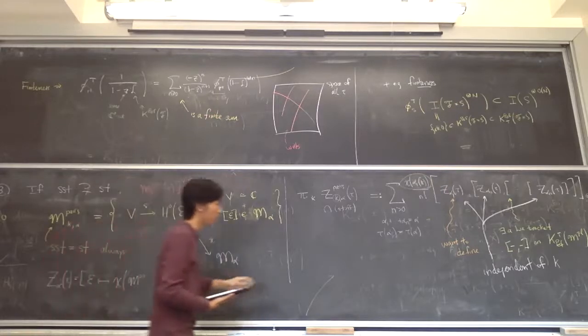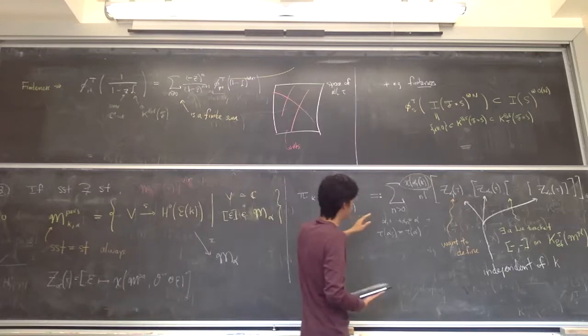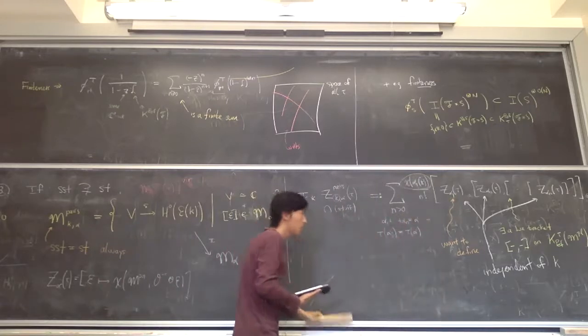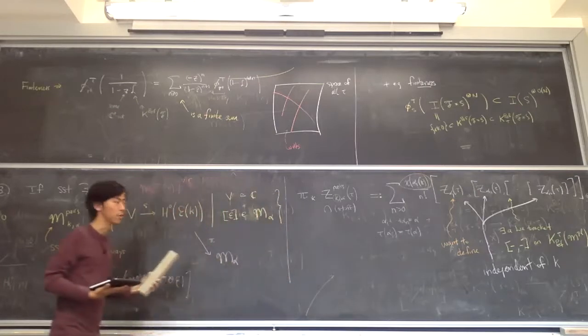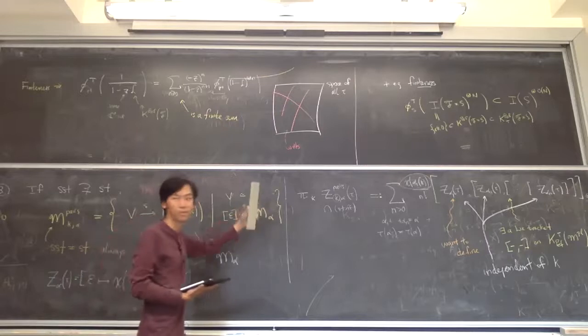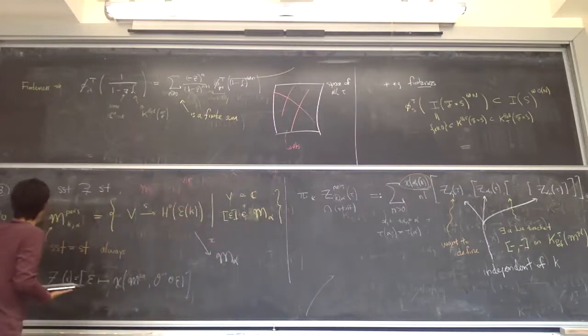Okay, so I've made some non-trivial claim here that these classes are independent of K. Let me explain where this claim comes from. And in the process, we'll see where this Lie bracket and where the vertex algebra comes from. Okay.